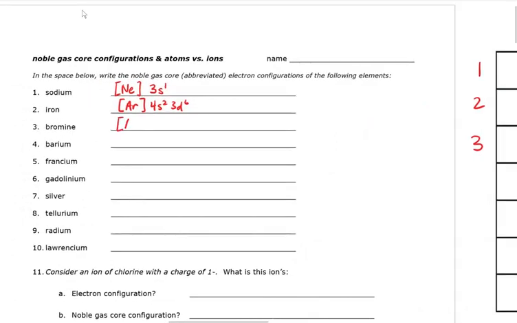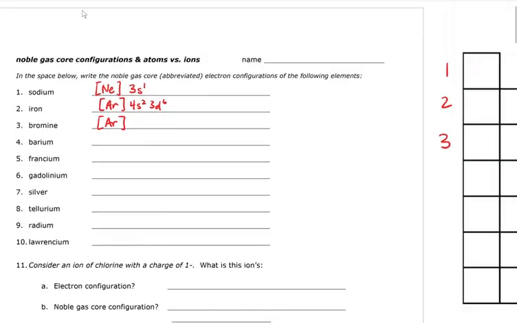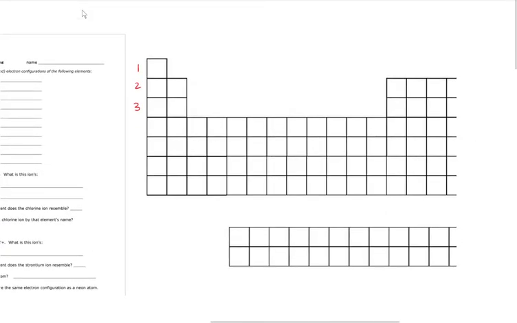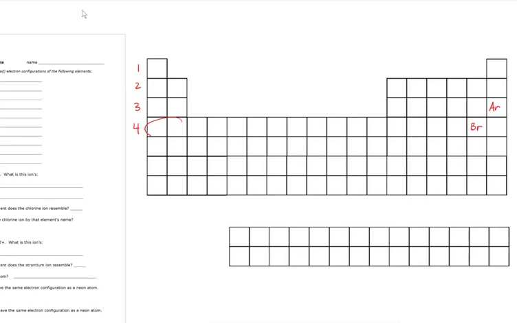Bromine will be argon. And then in addition to argon, if we go back to our periodic table, what does bromine have in addition to that argon core? It has 4s. It has 3d. That's 10 of them. And then it has 4p5 more electrons. And if you think about it in terms of totals, bromine has 35 electrons, if you check your periodic table.